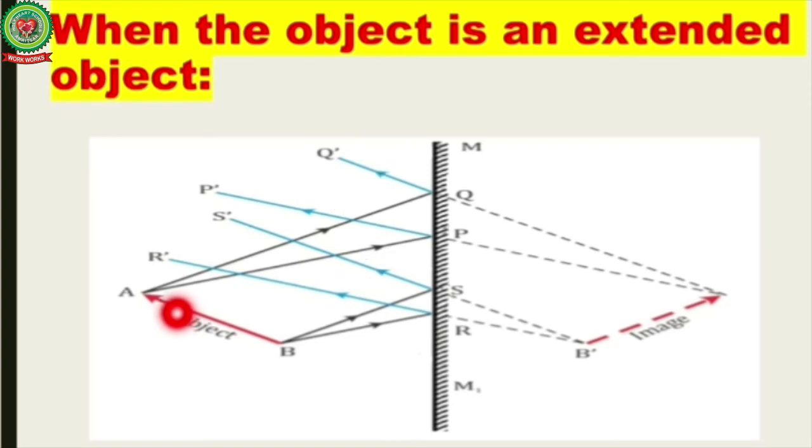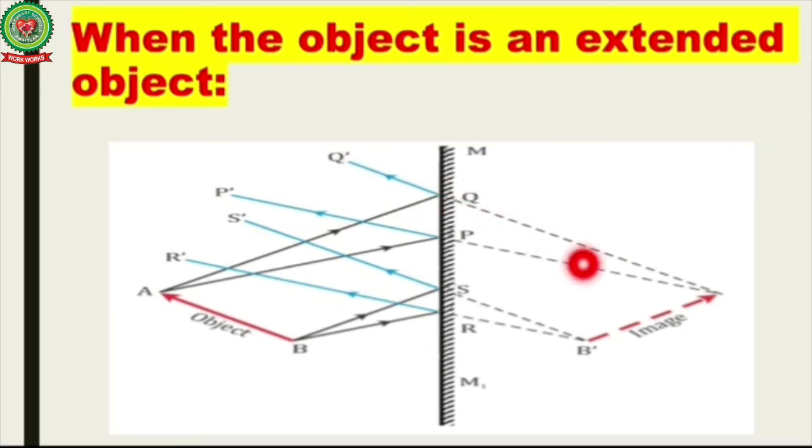These rays get reflected along PP dash and QQ dash. As these rays do not meet after reflection, extend these rays backward so as to meet at a point A dash behind the mirror.